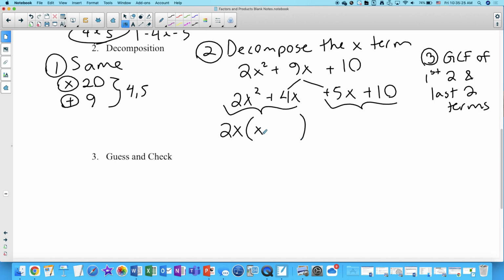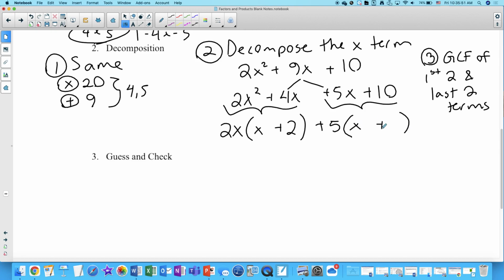And I'm going to do the same thing here. What is the greatest common factor of 5x plus 10? Yep, 5, right. Can't include an x here because the second term, the 10, doesn't have a factor of x in it. So I'm just going to factor out a 5. Now, 5x divided by 5 is x. 10 divided by 5 is 2.